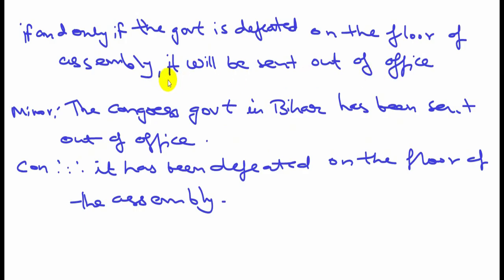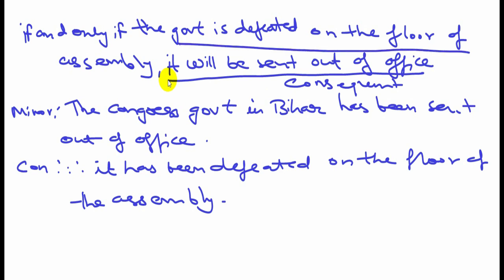So this is the consequent, and the first part, the government is defeated on the floor of the assembly, is the antecedent. And the minor premise, what is it doing? It is affirming that it has been sent out of office. This is modus ponens, or constructive hypothetical argument. And the conclusion says, therefore, the government has been defeated on the floor of the assembly.